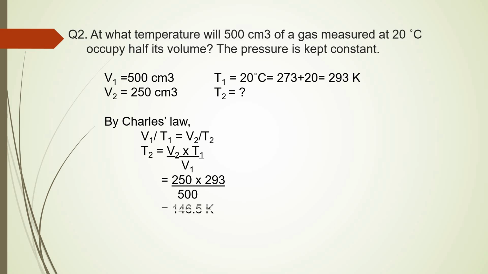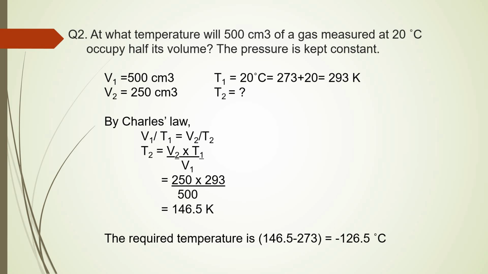And when we solve this, we get 146.5 Kelvin. Now since the temperature in the question is given in centigrade scale, we can convert this Kelvin scale into centigrade scale. And how do we do that? We need to subtract 273 from 146.5 Kelvin.